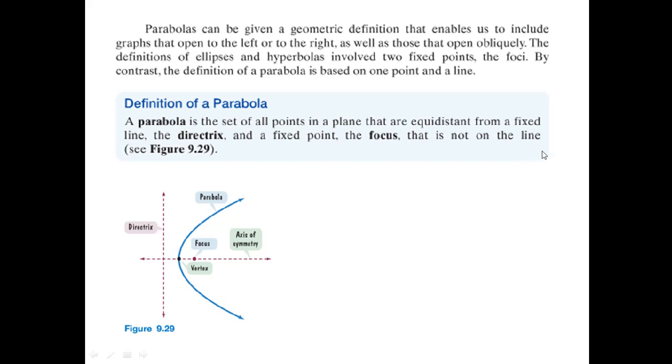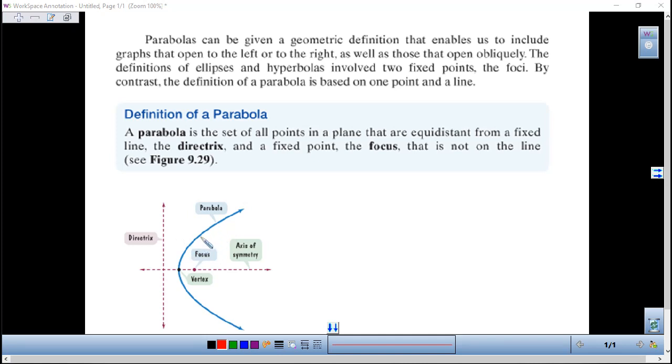Now, what that means is this. If we measure to any point on this parabola, and we measure the linear distance from that point to the focus, and we measure the perpendicular distance to the directrix, this has to be perpendicular, then these two lines are going to be the same length.